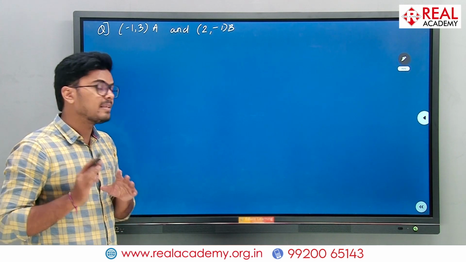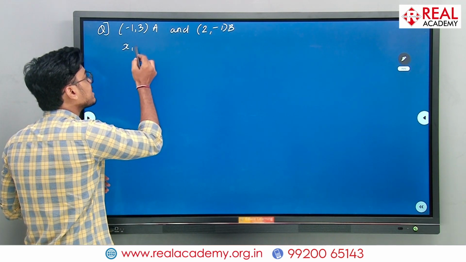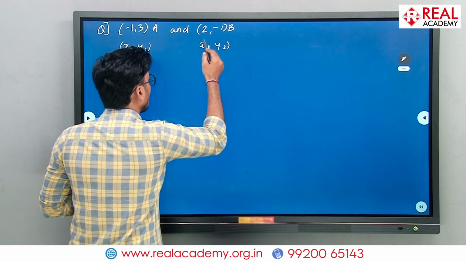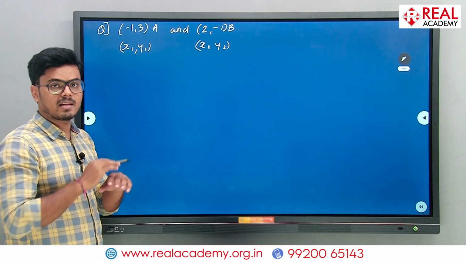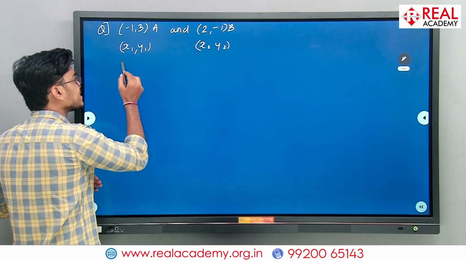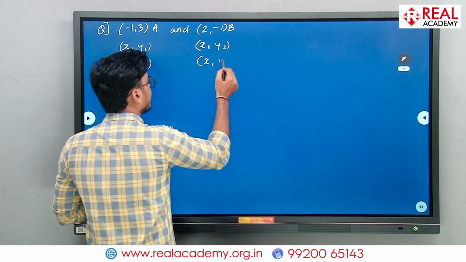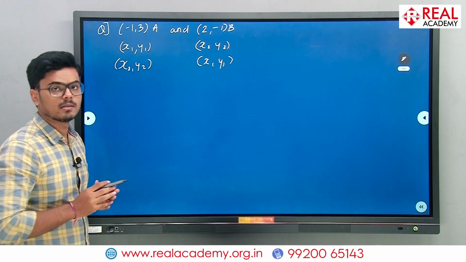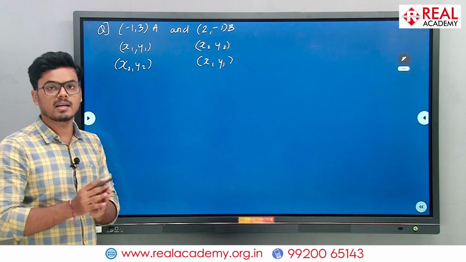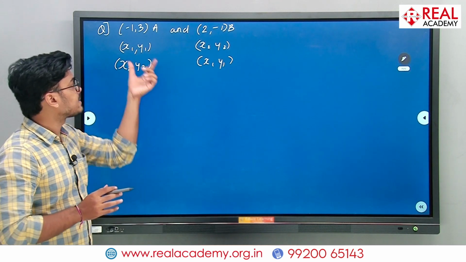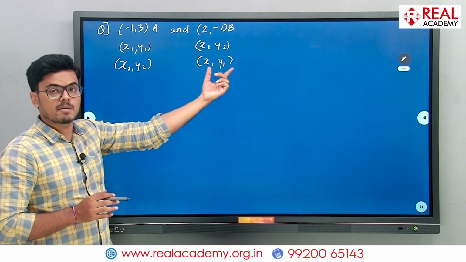You can assume anything. You can assume this to be x1 y1 and this to be x2 y2, or if you take them the other way around, even that is okay. If you assume this as x2 y2 and this as x1 y1, it's still okay. The answer will not change. So don't get confused. You can assume them in any particular order. This can be x1 y1 or this can be x1 y1.